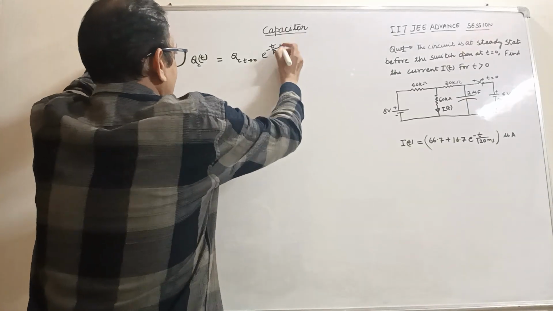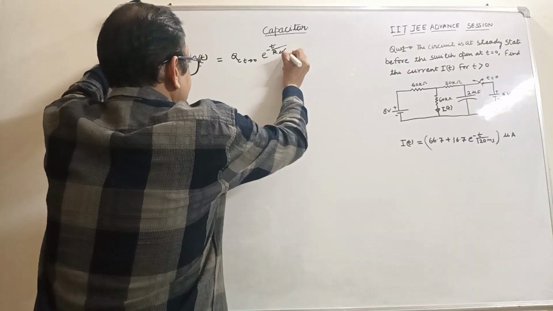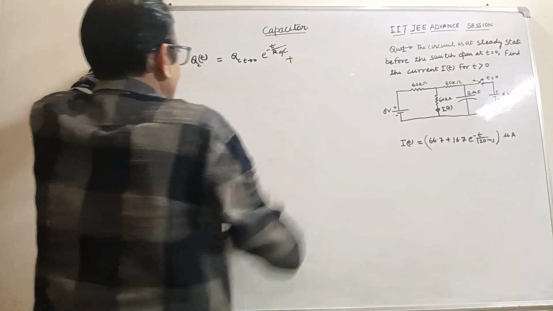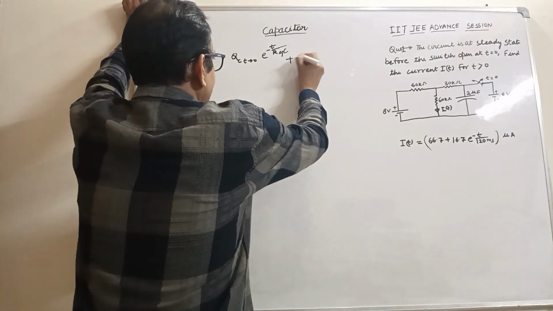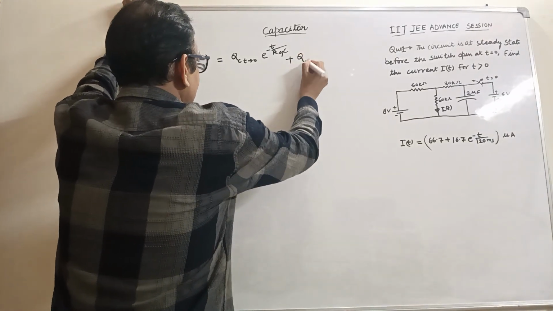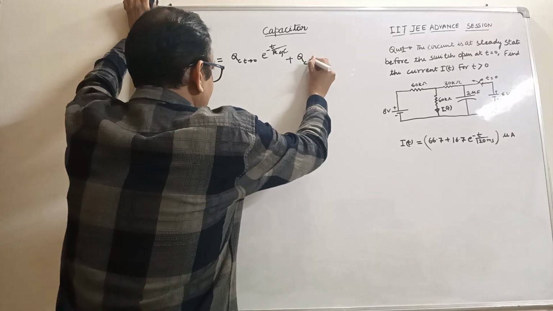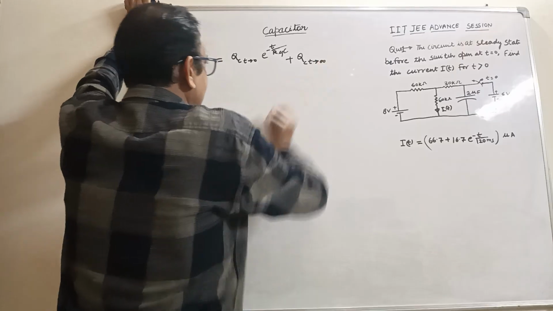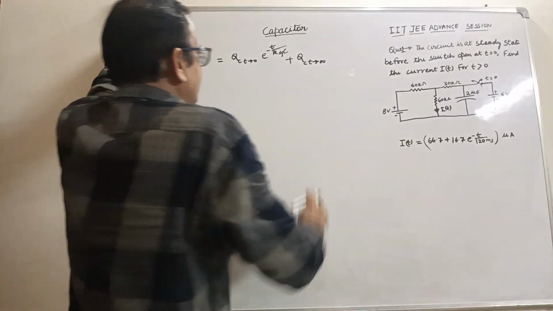Here R is R equivalent into C, and plus here the charging. The maximum charge on the capacitor is when t tends to infinity. This is the condition of steady state.